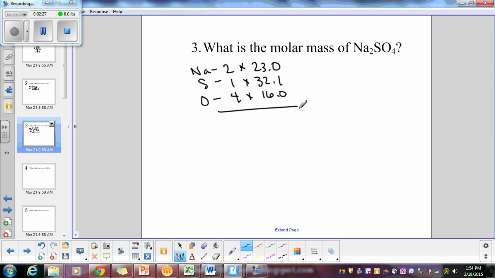So I can add all of those together. 2 times 23.0 plus 1 times 32.1 plus 4 times 16.0 gives me 142.1. So the molar mass of Na2SO4 is 142.1 grams per 1 mole.